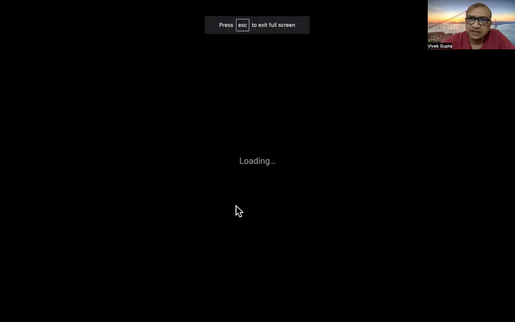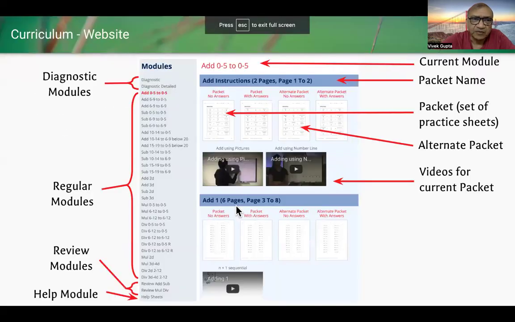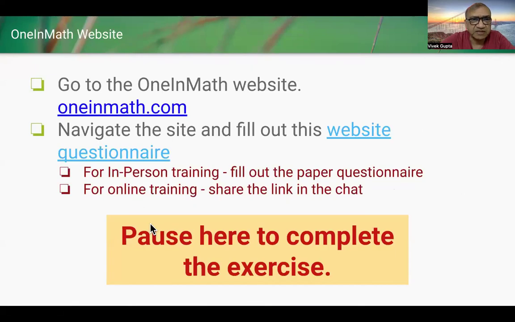And you can quickly see all the different things that we just talked about: the module name, the packets, the videos, and alternate packets, the regular modules, review modules, etc. So we covered all this stuff. Now, go to the One in Math website, just like I do, get familiar with all the pages and all these modules, and answer the website questions.